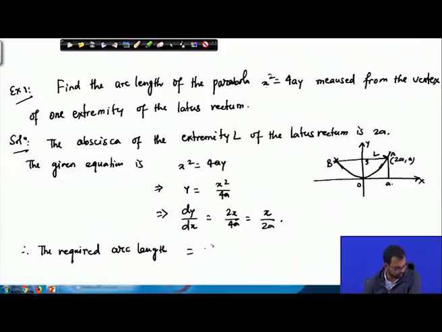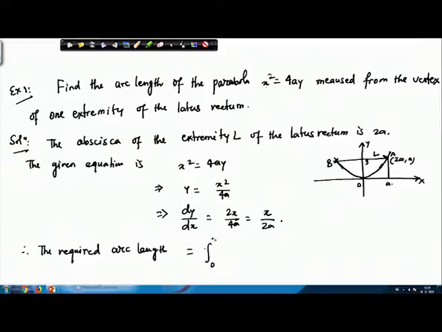So integral from 0 to 2a of square root of 1 plus dy/dx squared dx. So that's one extreme, and this is our arc length, measured from the vertex to one extremity.